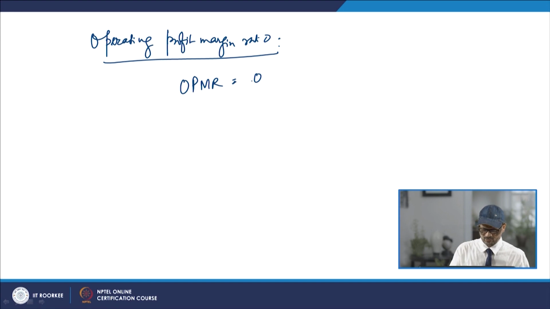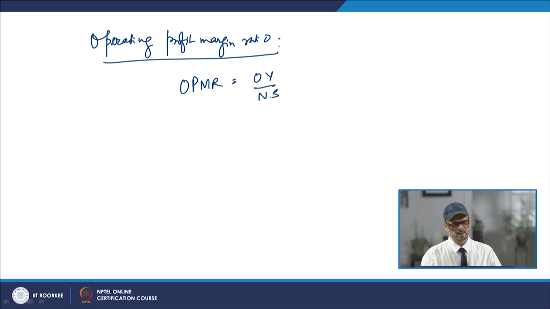It talks about the operating profits as related to the net sales, and the operating income is the same as the EBIT, earnings before interest and taxes. That way you calculate the OPMR, operating profit margin ratio.